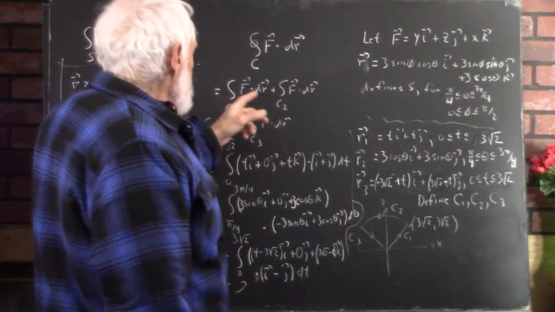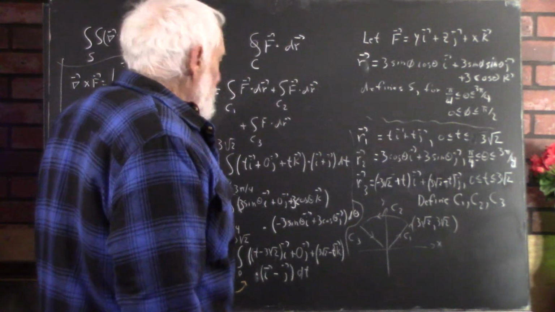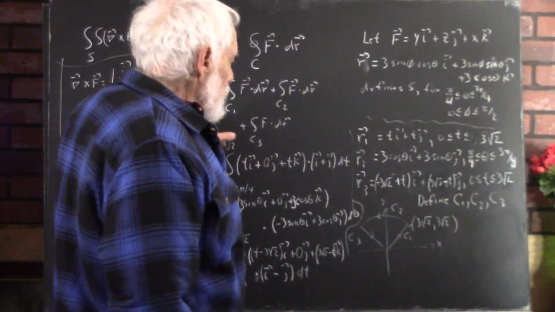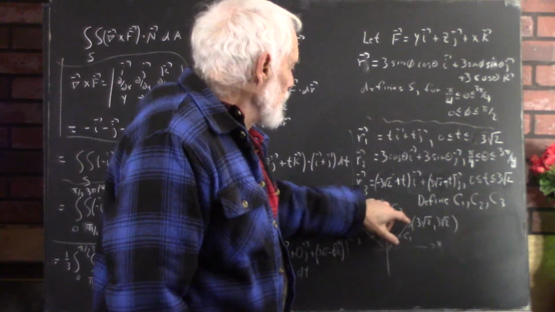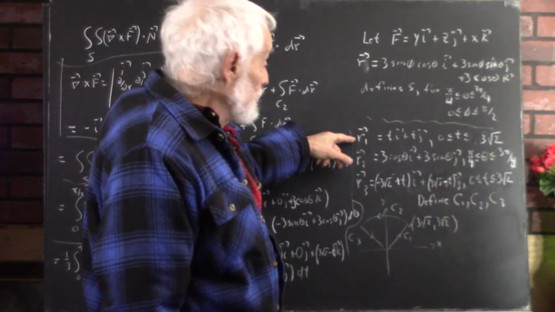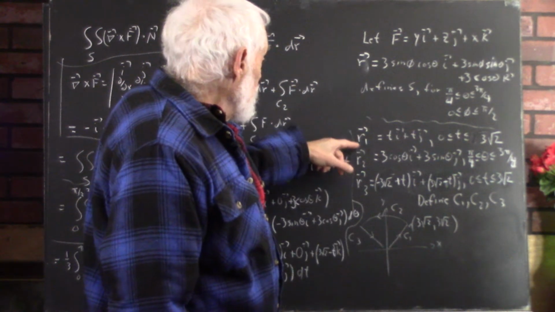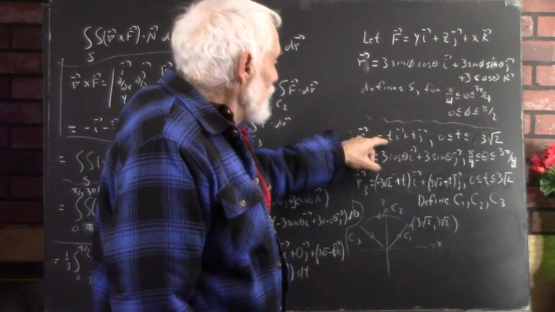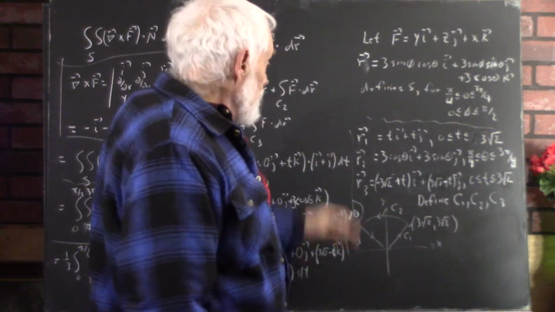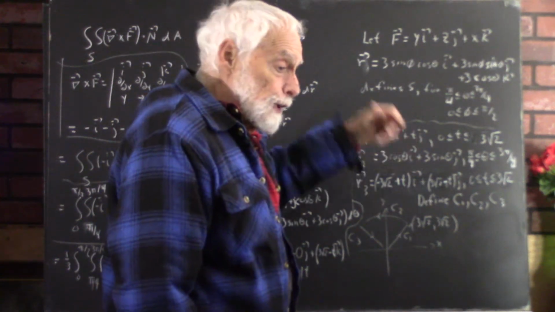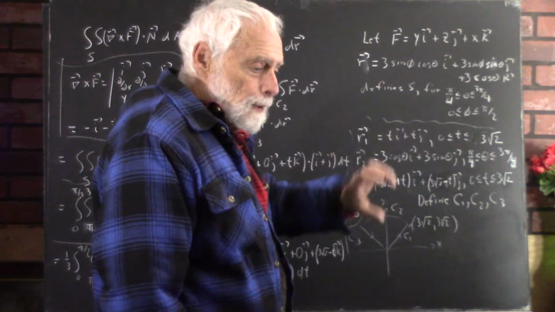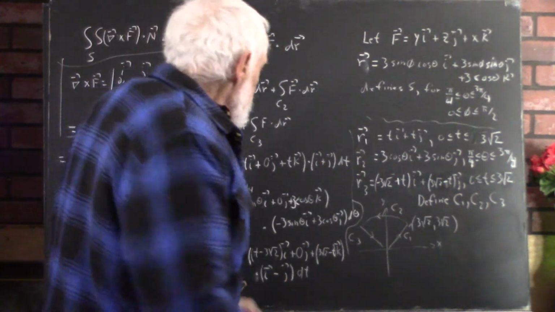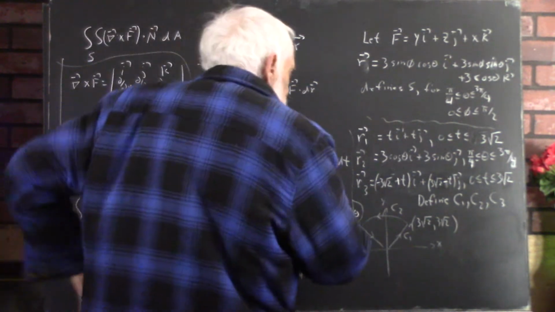And what's f dot dr? Well, dr for the curve C1, C1 is parameterized by R1. So dr on the C1 curve is the differential of this. So the dr dt is i plus j, so dr is i plus j times dt. Right there's your dr. Let me go ahead and write that down.